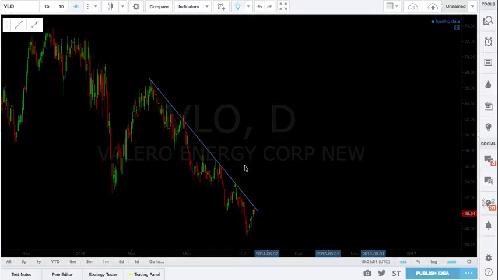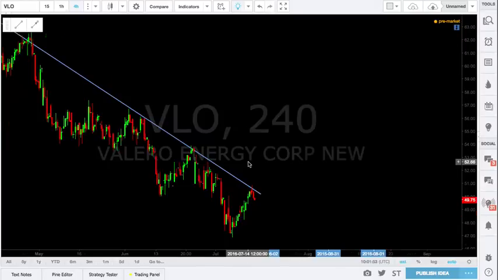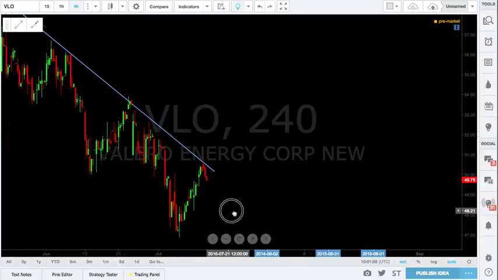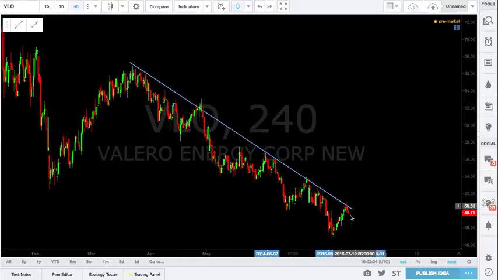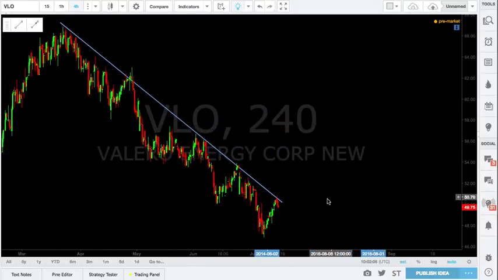So just wait for that one. It's kind of bouncing down this trend line. So you could sell it here and hope that it continues to move down the trend line. But usually what this would indicate is you're waiting for a potential break and an upward move.